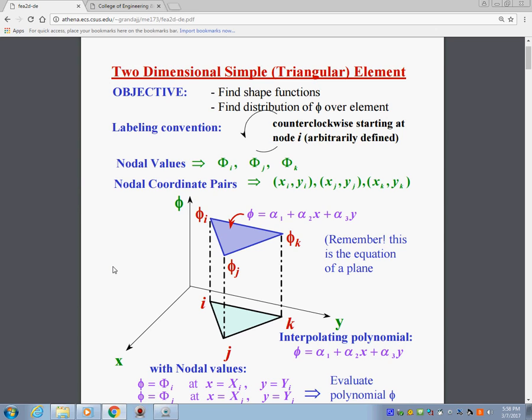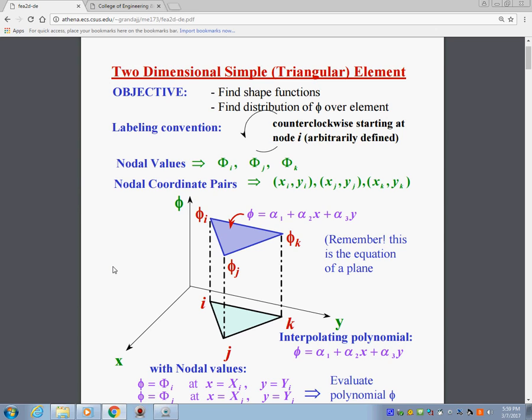It's also a triangle and it's also a plane. Just like in one-dimensional elements we use linear interpolation, and we said that the solution within a one-dimensional element was a line, linear.